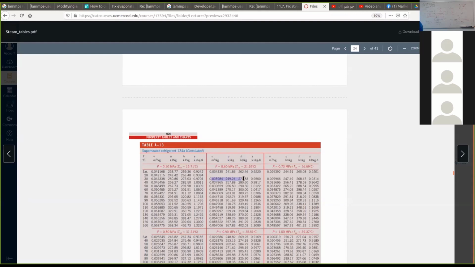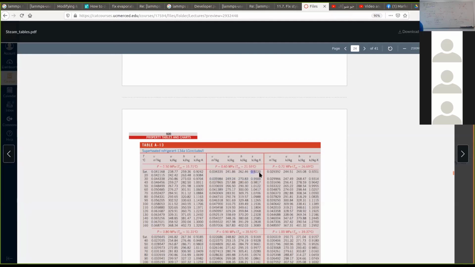So interpolate between 21, this line, which is called saturation at 21.55 in this table, and this one at 30, to get 25. For example, you want S.